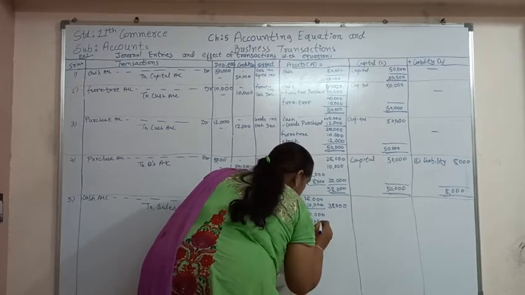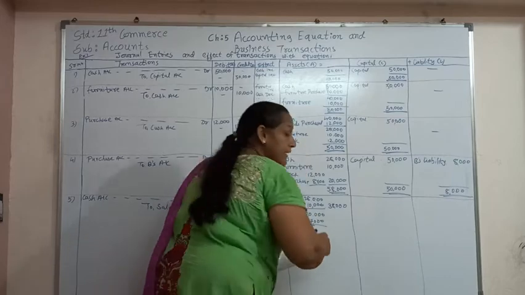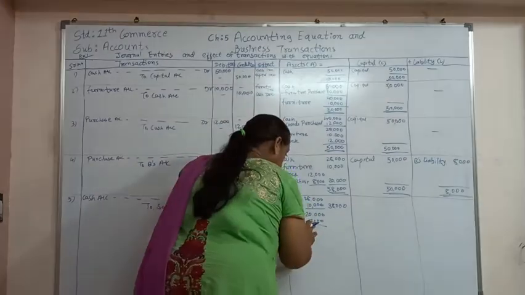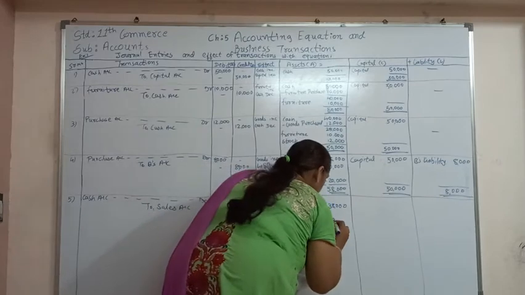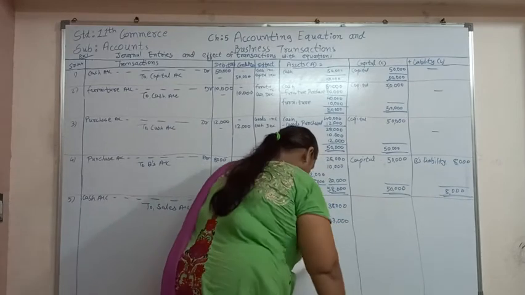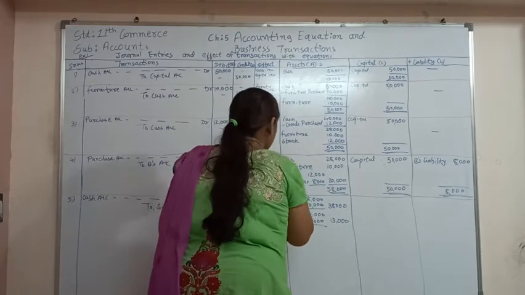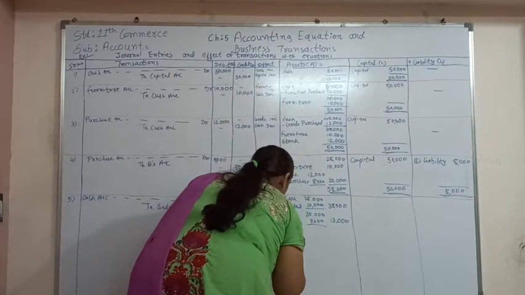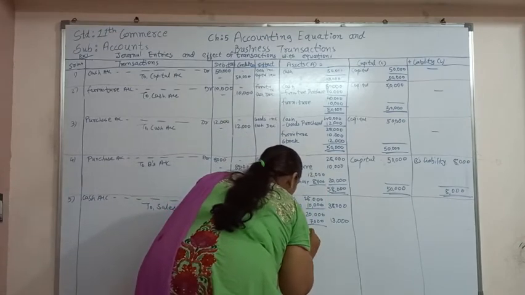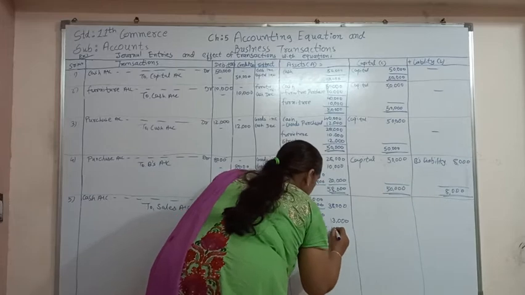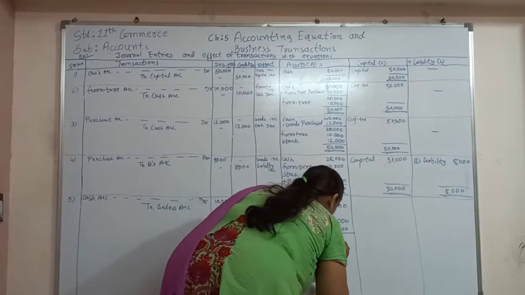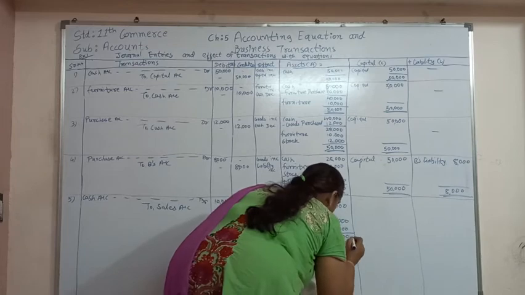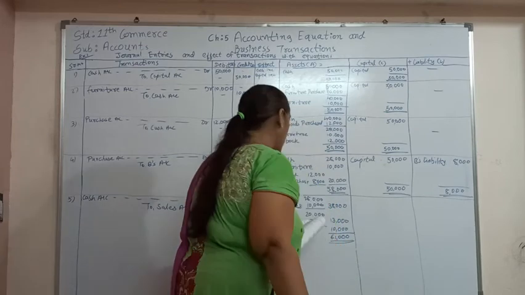So here, my dear student, we have to deduct only the cost of the sales, that is 7,000. So here the stock is of rupees 13,000, and we can see that there is a furniture. That furniture we are going to continue here with rupees 10,000. So total of this side will be 61,000. So this is the total.